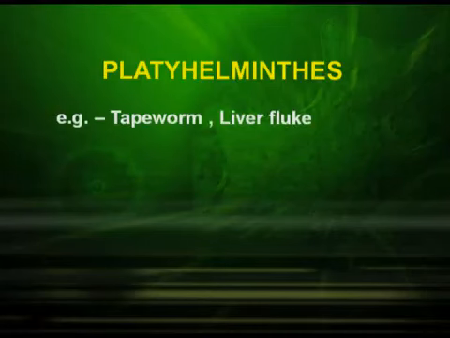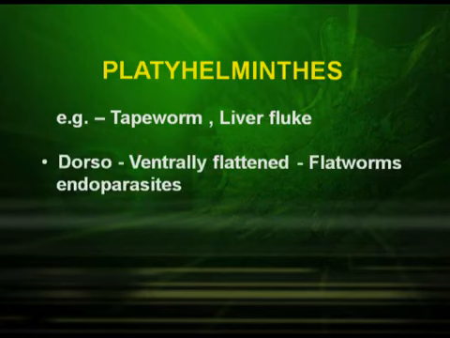Phylum Platyhelminthes. The organisms included under Platyhelminthes are tapeworm and liver fluke. They are dorsoventrally flattened, as we can see in flatworms, and they are also endoparasites. Few of them are found in the human body as well.